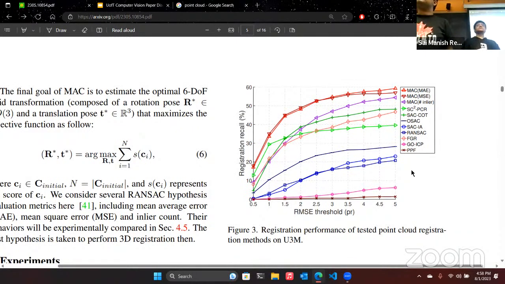Maybe not always, right? As you increase the RMSE threshold, from what I understood, you also increase the number of points you need to compute it on.